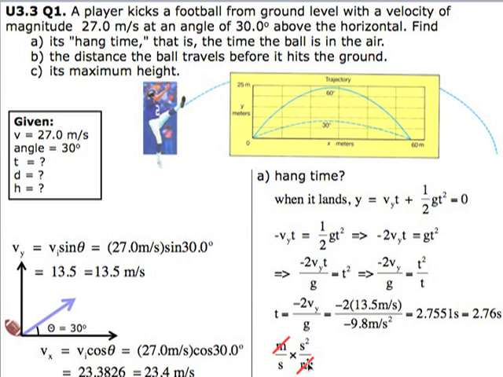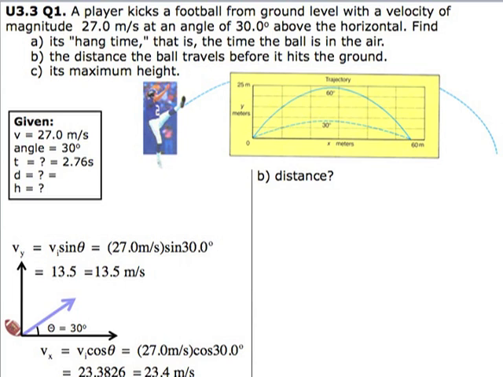The meters cancel out, and this second cancels with one of those seconds, so we're left with seconds. We got the right equation. So the hang time, the amount of time the ball stays in the air, is 2.76 seconds.